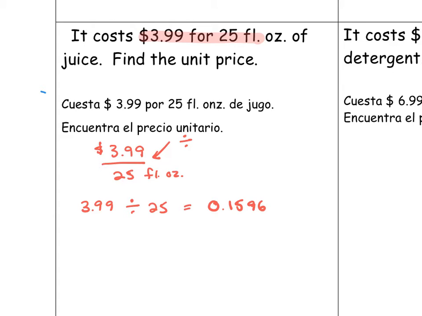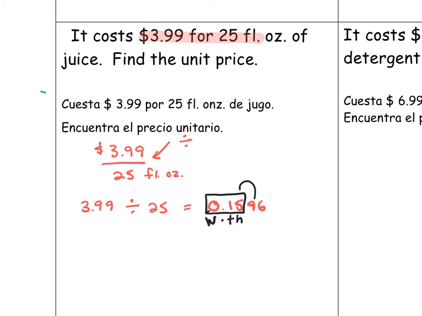0.1596. Now, they ask us to find the price, and money does not look like this. So we're going to go back and we're going to use our what dot the heck method: dollars, dimes, and pennies. So it's either going to be 15 cents or it's going to be 16 cents.